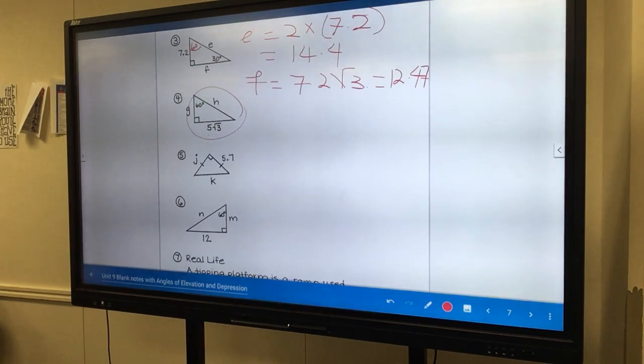The relationship between the shorter side and the hypotenuse is what? Which you know. The relationship between this and this is what?